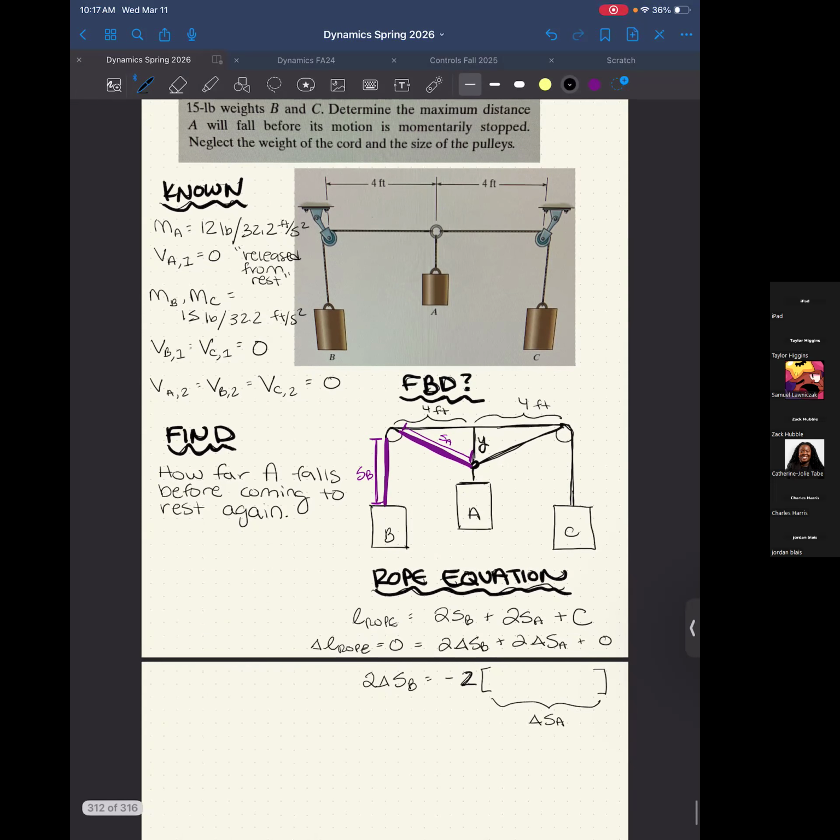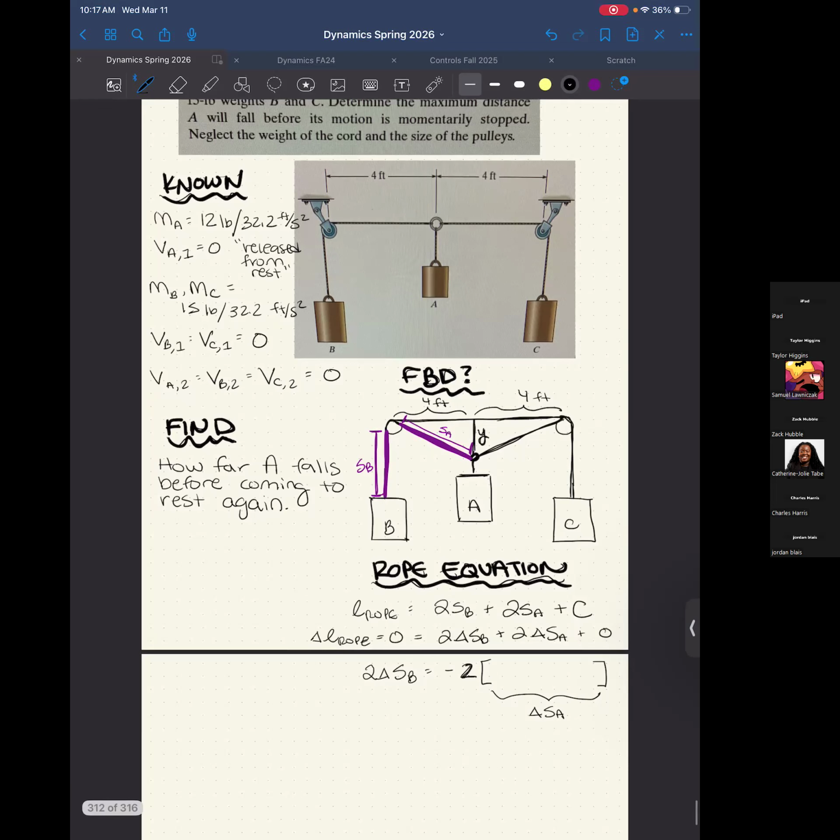Okay. Can we maybe not bring theta into it? So it's just in terms of S_A and S_B, or in 4 and y.